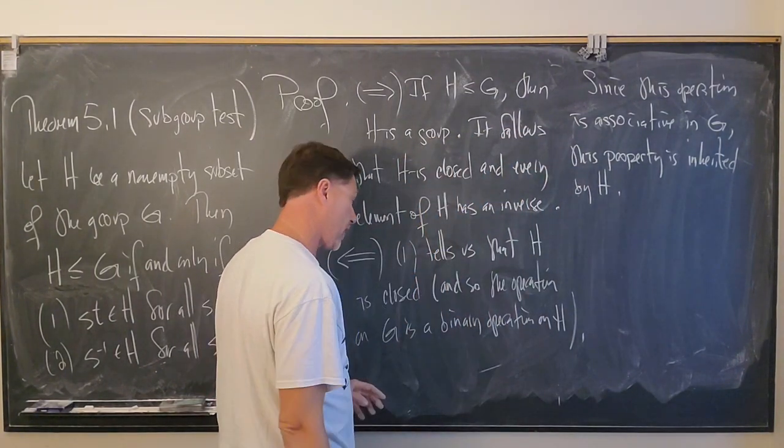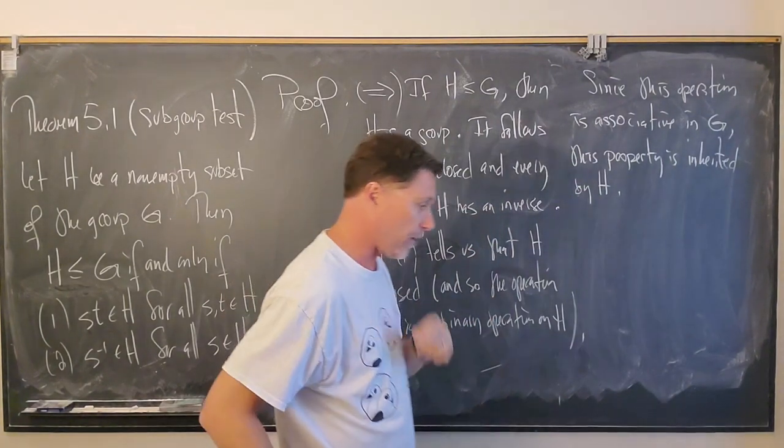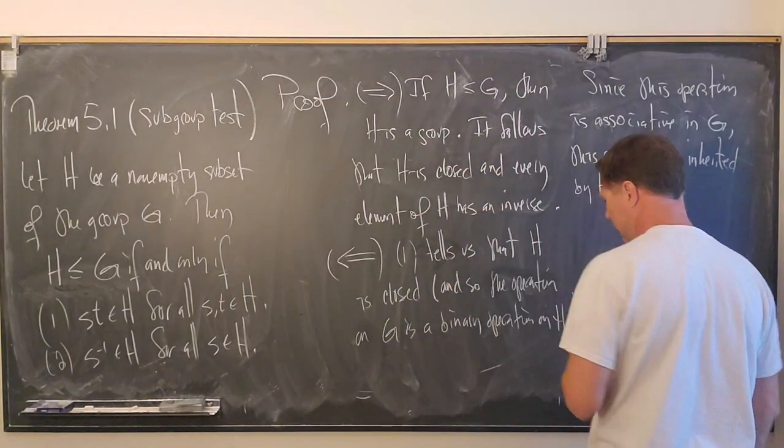We have associativity in H. So we've got an associative binary operation now. We need an identity.